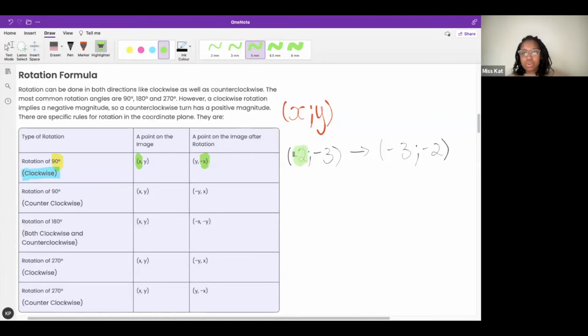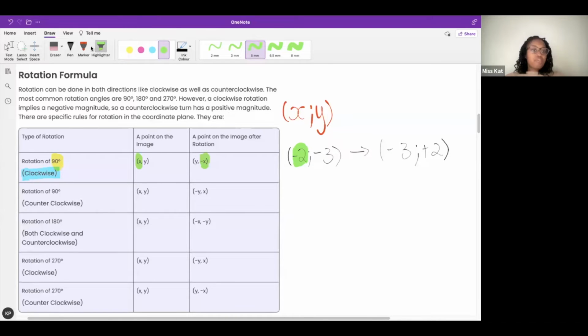So what happens to the original X as seen in our table? It has to change signs. So then it's -3 and +2. Nice. Do we get it? Are these rules making sense? I know when they're written in notation, it's something like: swap, and the first X is now a Y, but it changes sign.